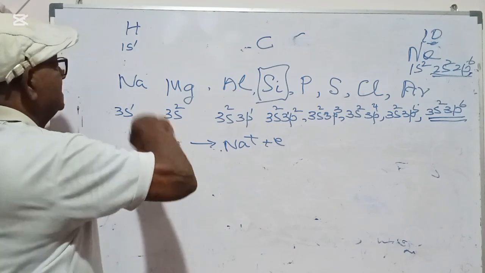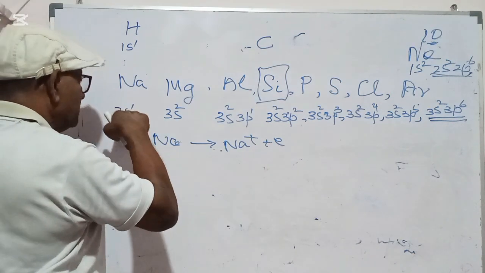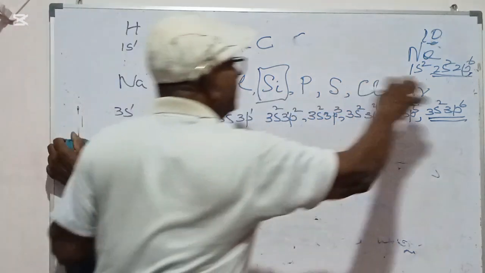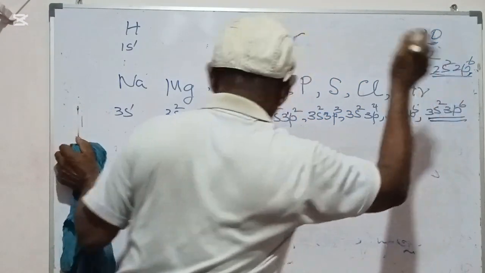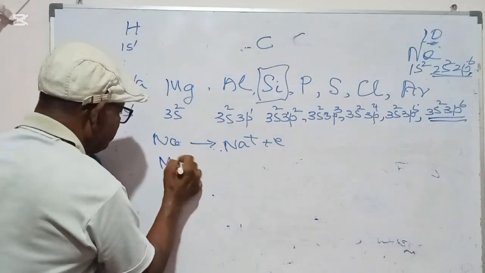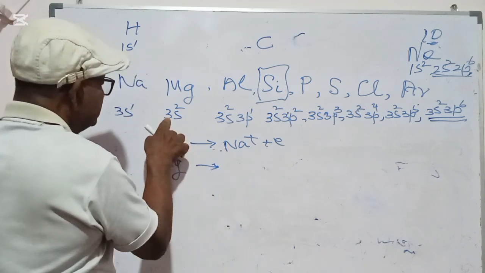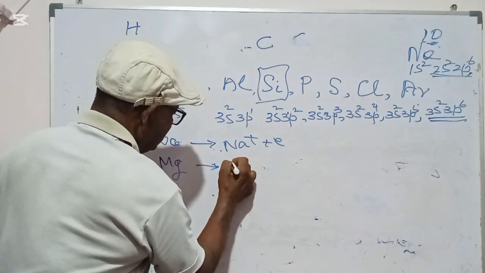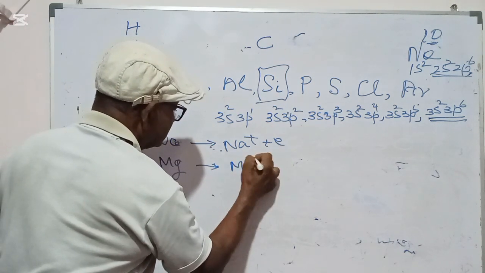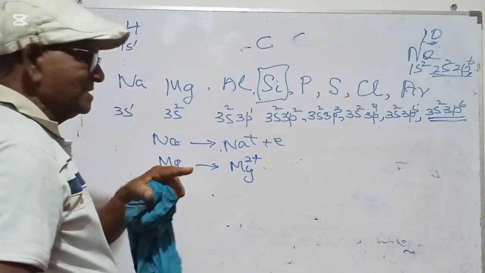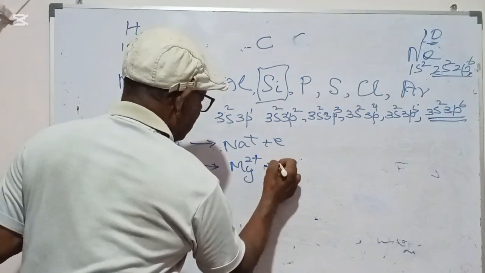The Na becomes Na+, removing the outermost energy level 3s1 electron, and it gains the neon configuration. Similarly, magnesium removes 3s2 electrons, it becomes Mg2+. Now it is clear that it is removing 2 electrons.